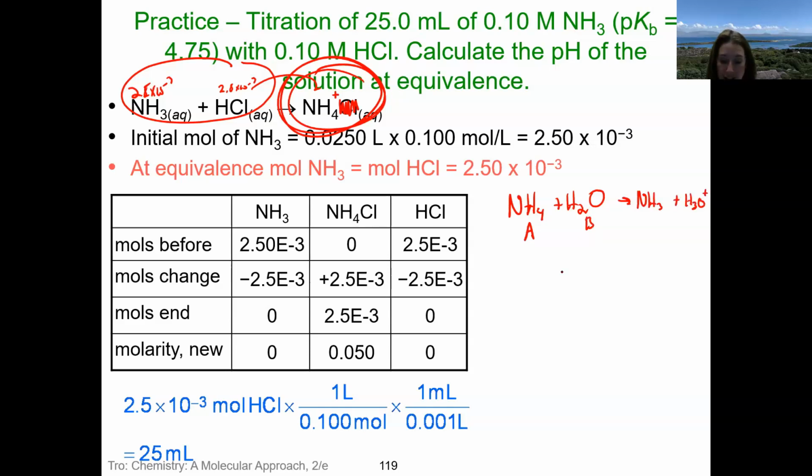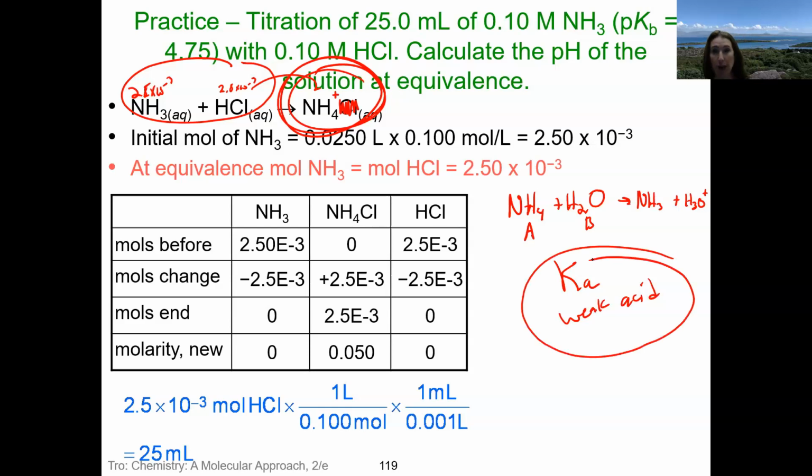We're going to do the ice table. It's going to be the Ka of the weak acid. That's what we're going to use to figure out our pH, and our X is going to be H3O plus. But this is moles. We need molarity in our ice table.